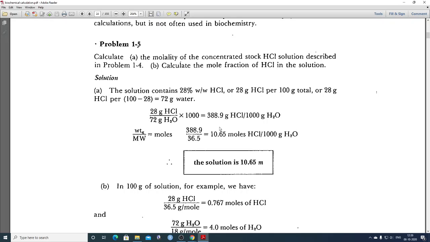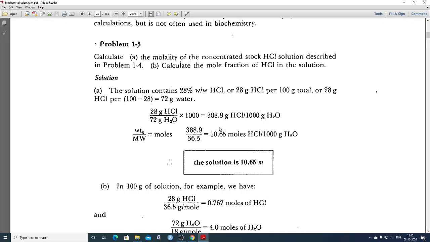So we want to calculate how many moles are present in 1000 gram of water. 388.9 divided by 36.5, which is the molecular weight of HCl, is equal to 10.65 moles of HCl present per 1000 gram of water.